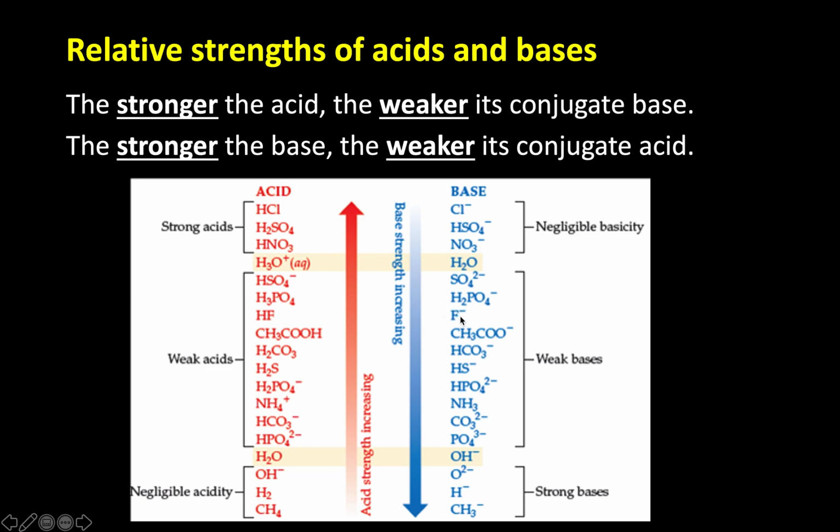So, we're assuming that this is aqueous, so that fluoride can actually grab a hydrogen and rip it off from the water molecule to make HF, which is its conjugate acid. So fluoride ions are actually considered a base.